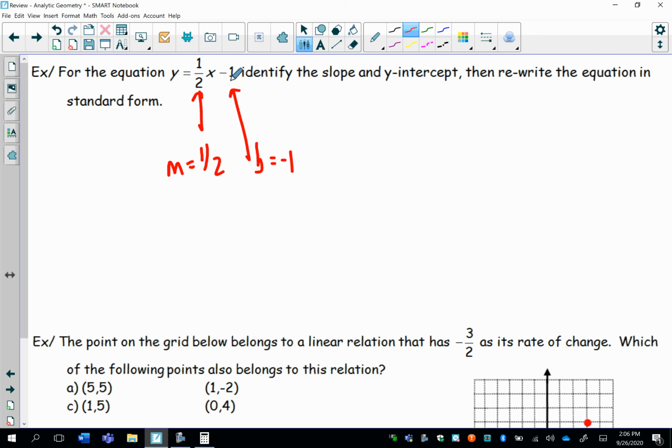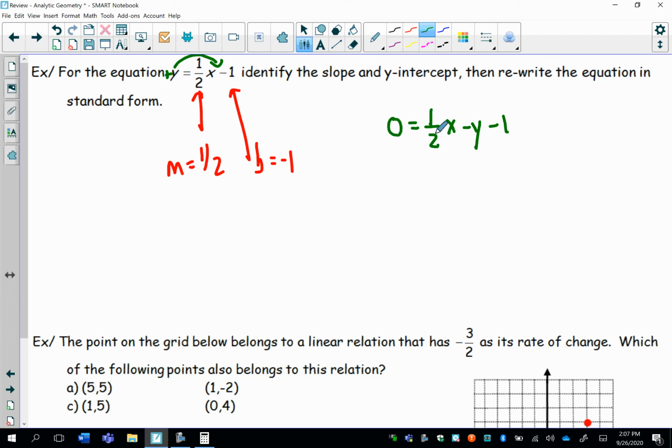Then we write the equation in standard form. Okay, our rules for standard form. X has to go first, and it has to be positive. So I'm going to bring the y over there. If we do that, we're going to be left with nothing. We already have the 1/2 x. Plus y becomes a minus y. Minus 1 is still there. That's great. I've got the x first.